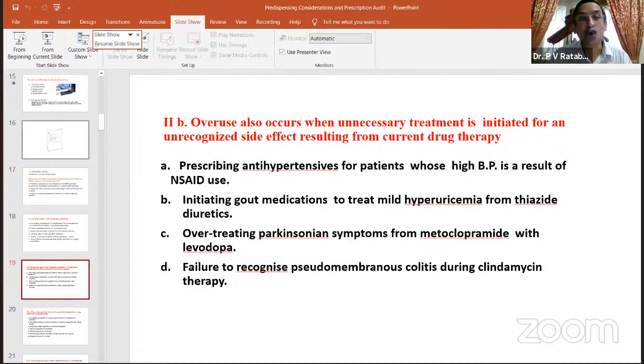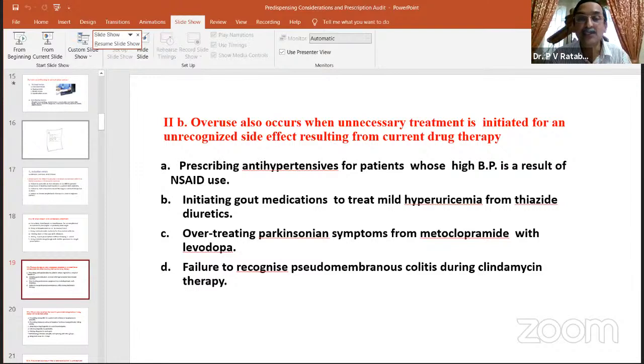Unknowingly, this patient also takes antihypertensives. But this high BP is not his essential hypertension, it is because of NSAIDs. So here you have to control NSAIDs and not prescribe antihypertensives for such a patient.